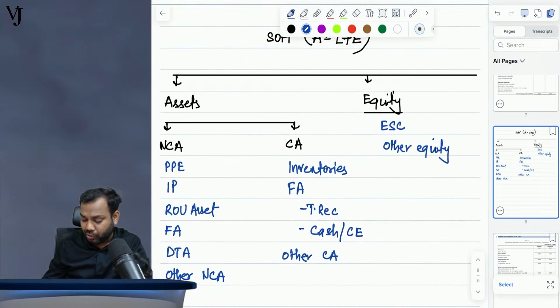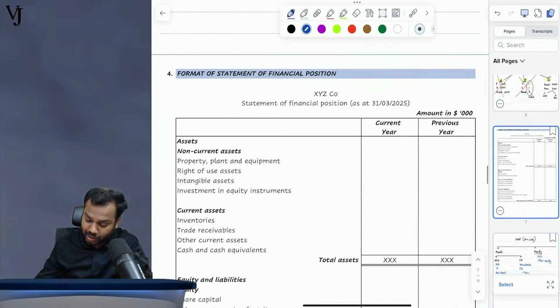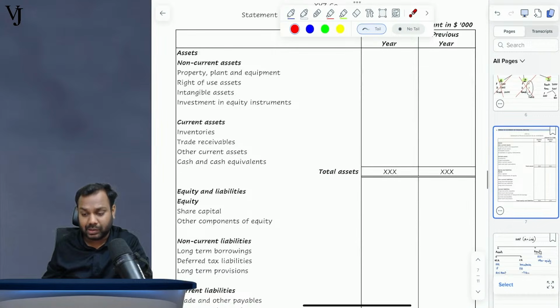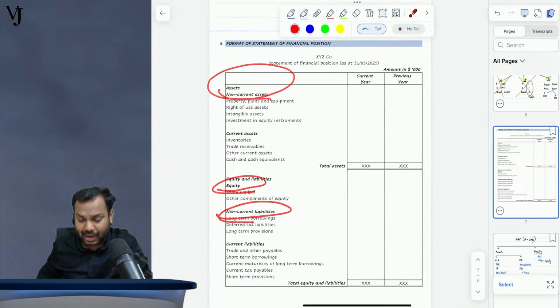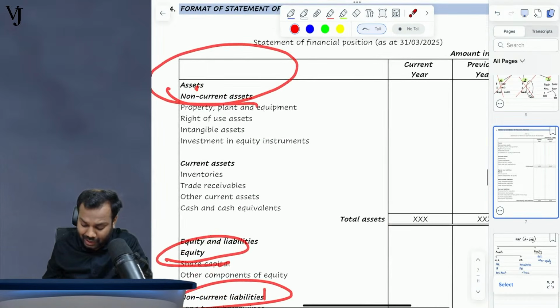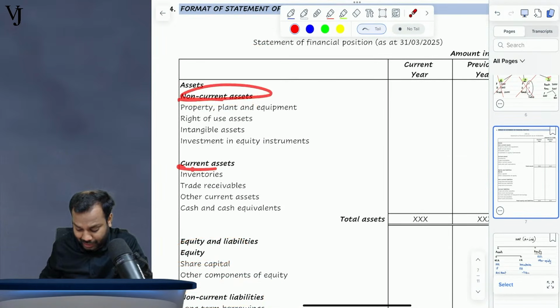Guys, tell me, are you able to understand this SOFP? Just see here. SOFP has three elements again: assets, equity, and liabilities. Assets are of two types: non-current assets and current assets.